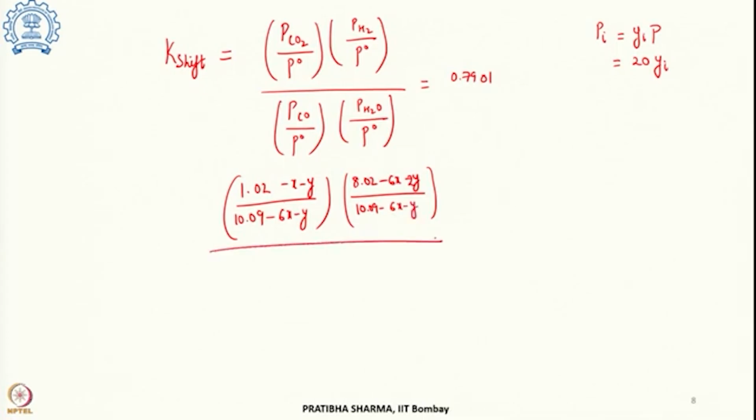Similarly for CO, this is y divided by the same denominator 10.09 minus 6x minus y, and for water that is 1.04 plus 2x plus y, and the denominator is the same. We also have total pressure for both the terms which gets cancelled out.